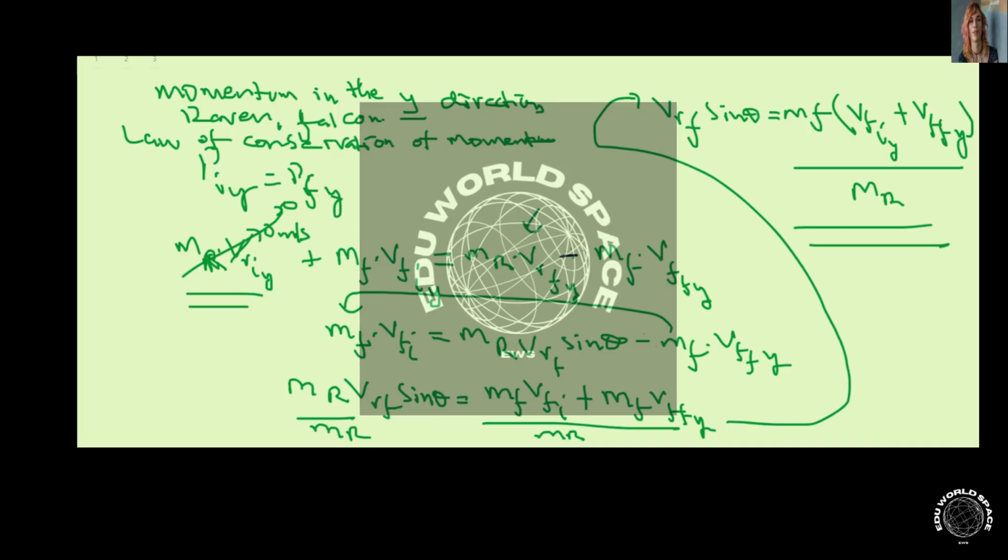So this is the Raven final momentum in the y, and this is the falcon final momentum in the y. We continue with the solution, and that helps us find the final velocity of the Raven. This is it right here. That's the final velocity of the Raven.